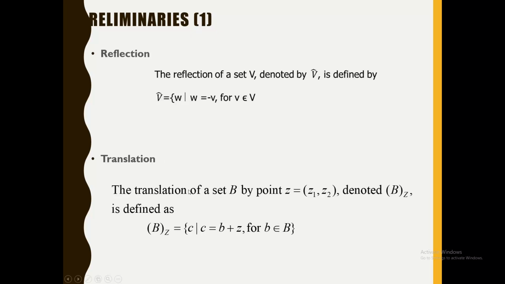The translation of a set B by a point Z equals Z1 comma Z2, denoted by Bz, is defined as Bz equals C for all C such that C equals b plus z, where small b is an element of capital B. Now I am going to explain this with the help of a simple example.